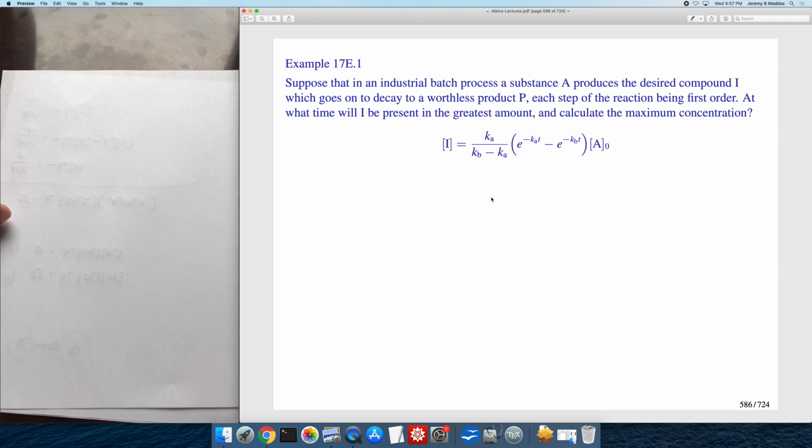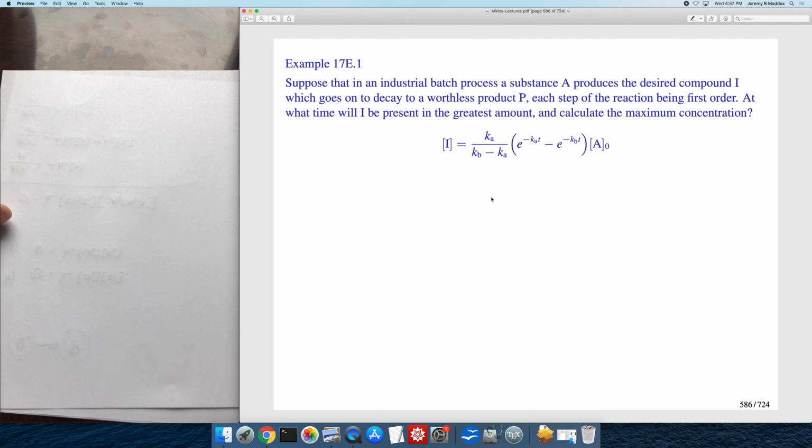So suppose that you are working in industry and you've got some sequential mechanism going on, and what you really want to sell is the intermediate, not the final product. The final product is worthless. And so the idea of this question is how do you generate the maximum concentration of intermediate?